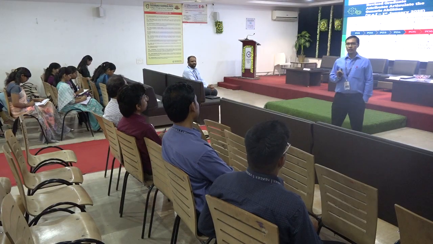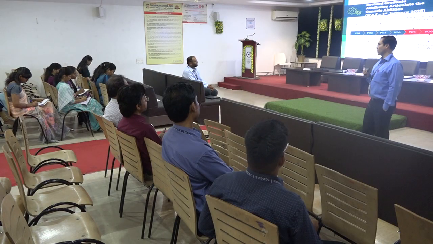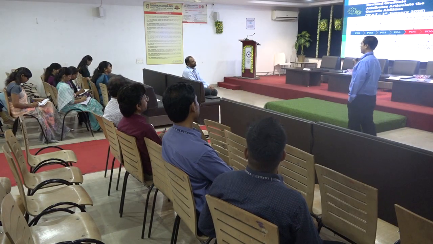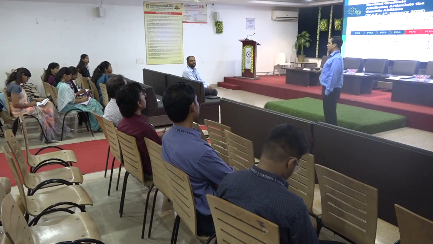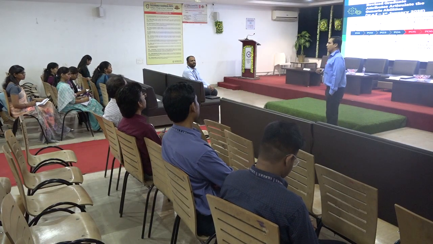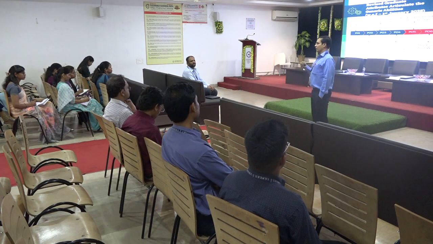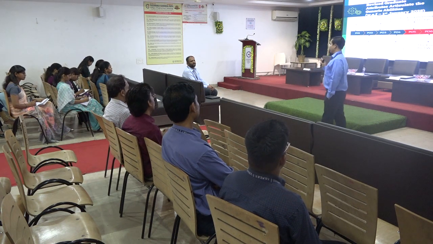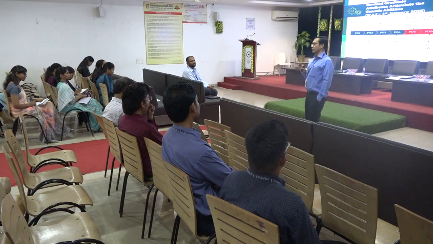Is it clear? What is the revision? The revision is engineering tool usage. They have removed the word modern. Why was the word modern removed? Because now everything is modern. Each and every program is utilizing all the modern tools in their day-to-day activities. So the word modern was removed, and instead they have written engineering tool usage.